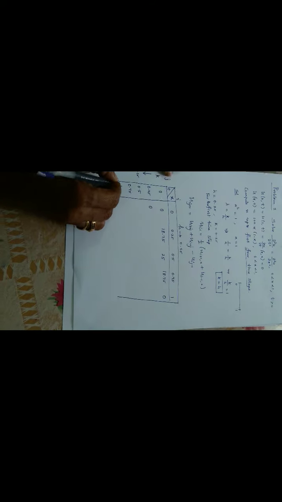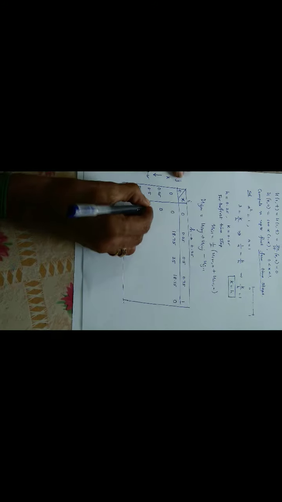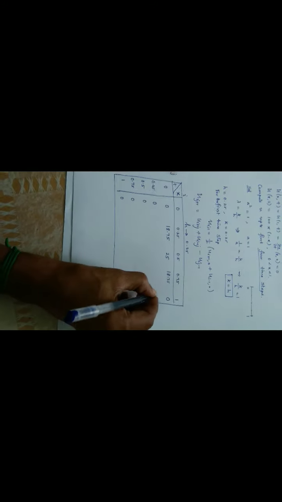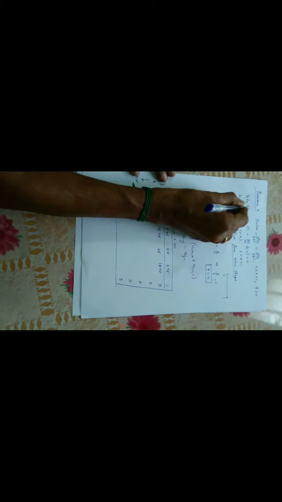So I have to calculate up to this. Complete the table. Now all this is very clear. This is given to you. This side also you can fill up now, or you can fill up at the end also. The choice is left to you. Okay. So these two are completely given for any time level.